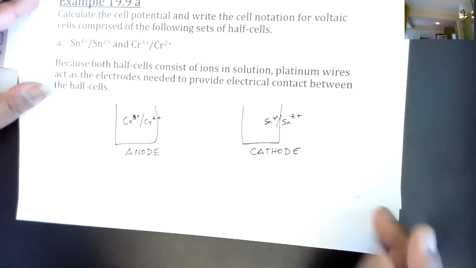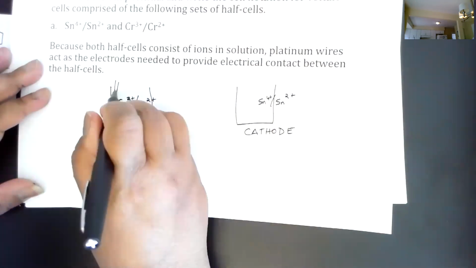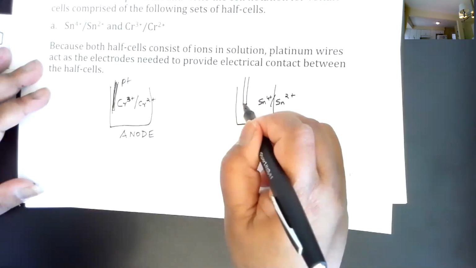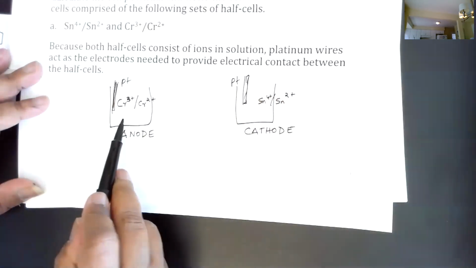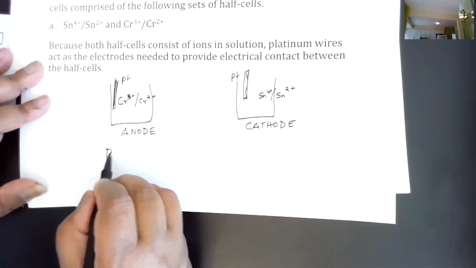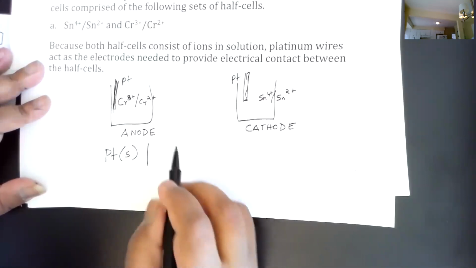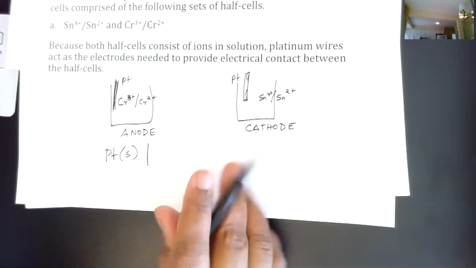Okay. And both of them need platinum, because there's no solid here. So start with platinum. And then I have Cr.